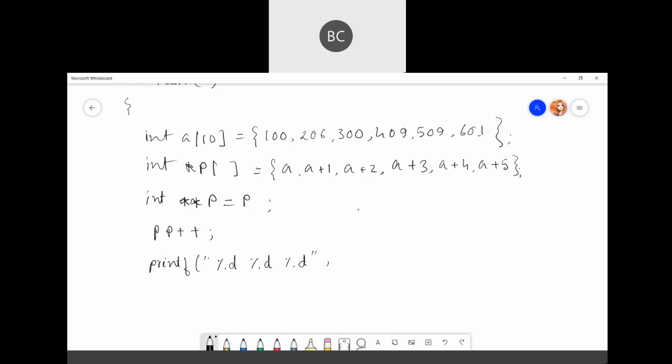So I want to print the values pp minus p, pointer pp minus a, and pointer pp. Next I increment pointer pp.